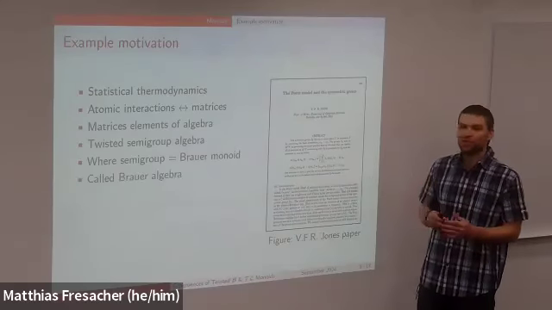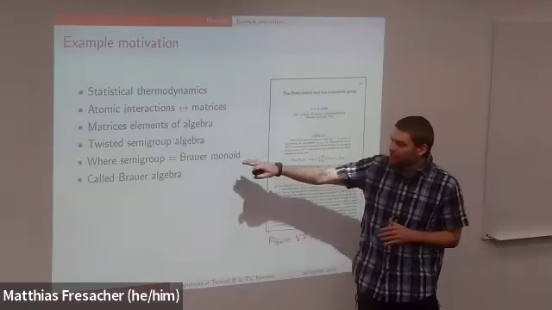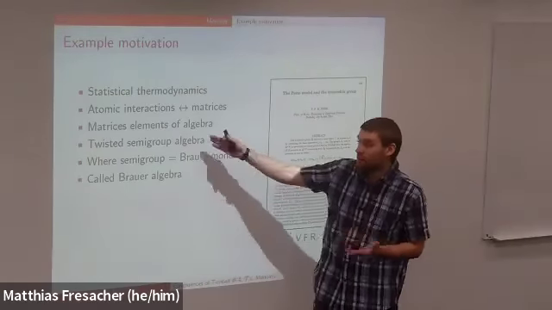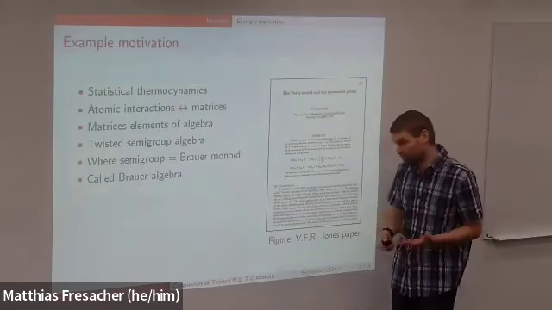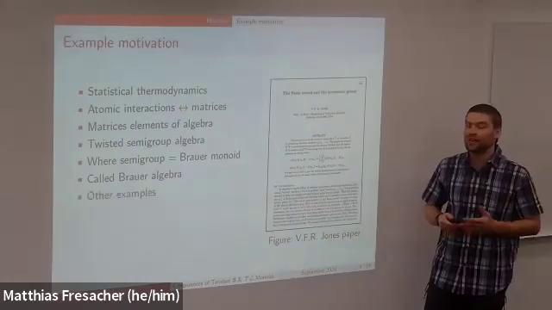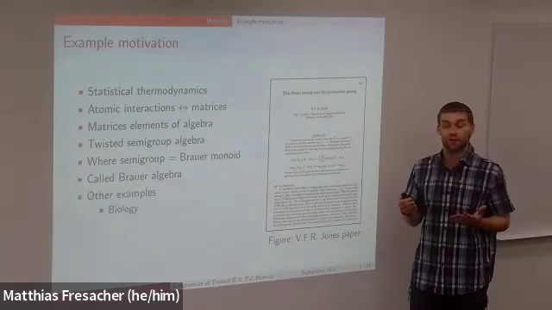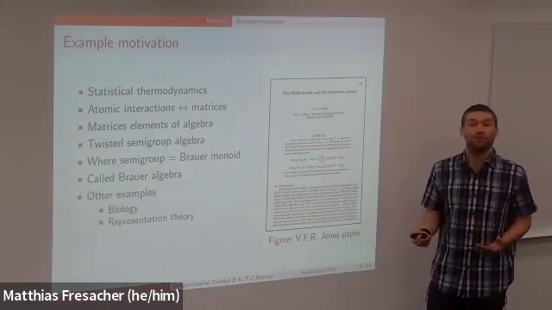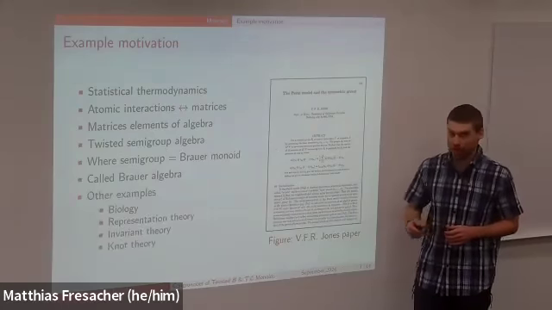This whole construction is then usually called the Brauer algebra. So if we have a better understanding of the Brauer monoid, we get a better understanding of statistical thermodynamics. This is not the only use case. Other fields that make use of these monoids include biology, representation theory, invariant theory, as well as knot theory.